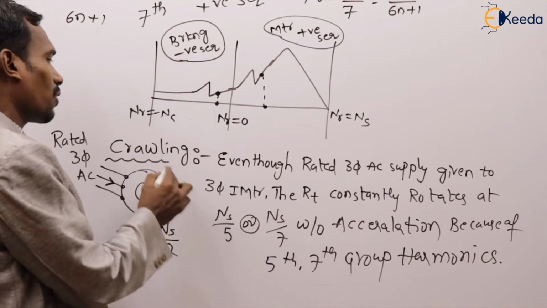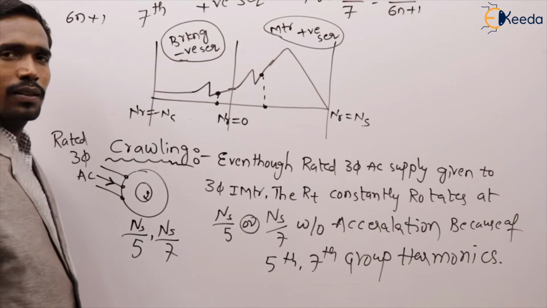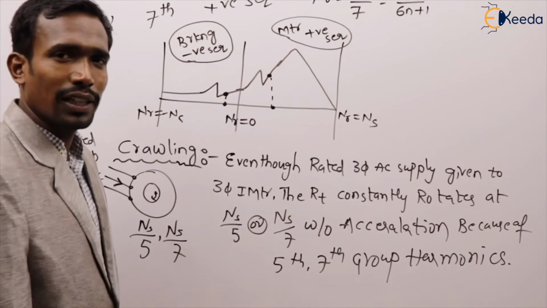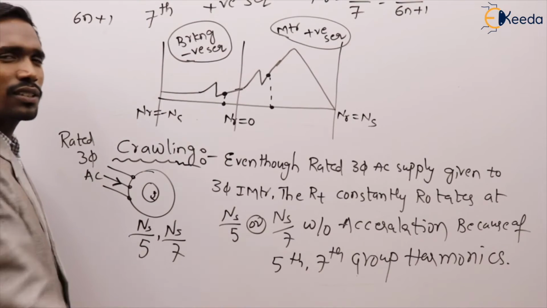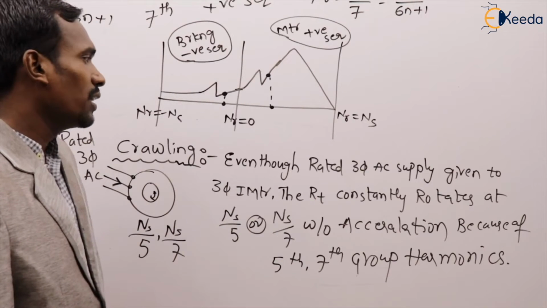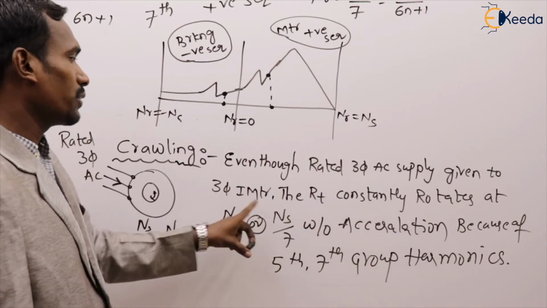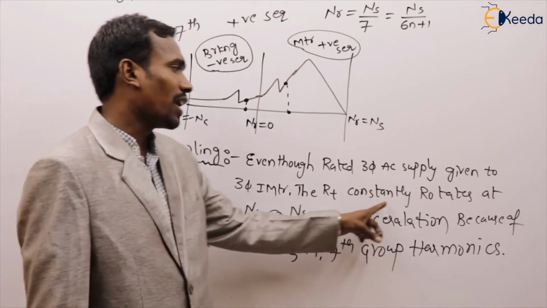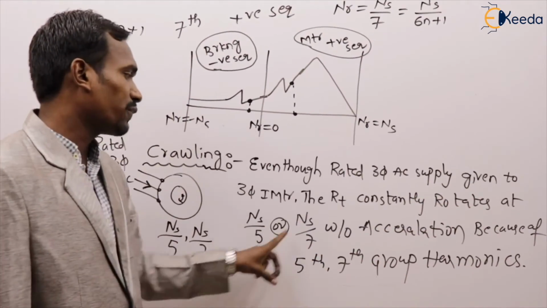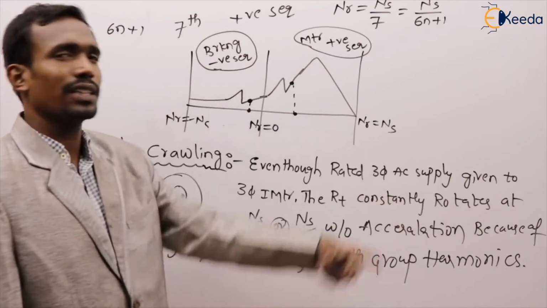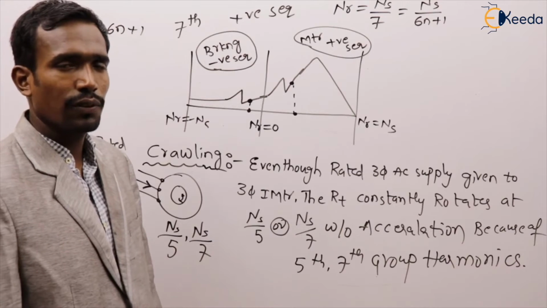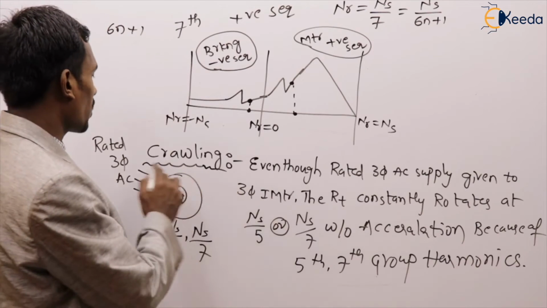This phenomenon is called crawling. What is crawling? We got it. Crawling: even though rated three-phase AC supply is given to the three-phase induction motor, the rotor constantly rotates at Ns by fifth or Ns by seventh speed without acceleration because of fifth and seventh group harmonics. This is called crawling.